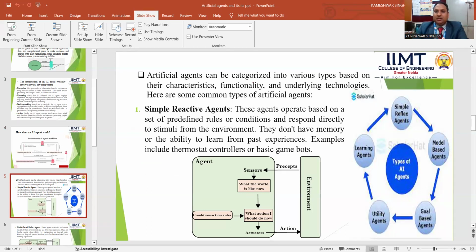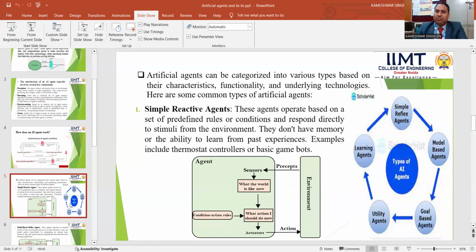First is the simple reflex agent. Artificial intelligence can be categorized into various types based on their characteristics, functionalities, and underlying technologies. Here are some common types of artificial intelligence. Now, first we are going to discuss the simple reactive agent.